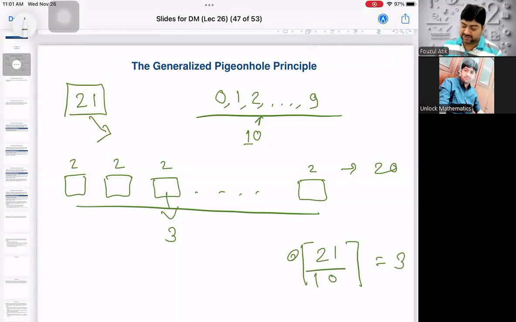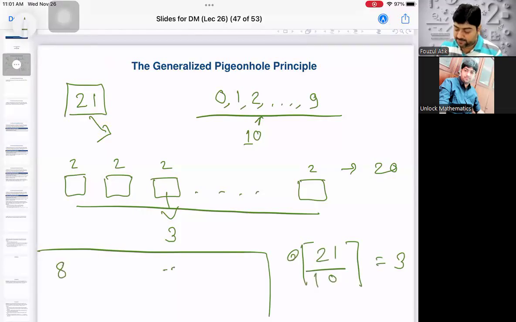Let me tell you another situation. Suppose you have 8 pigeons and 3 holes. You want to distribute these 8 pigeons among these 3 holes. It is possible that all 8 can be in the same hole. Or maybe one hole has 3, another hole 3, another hole 2.